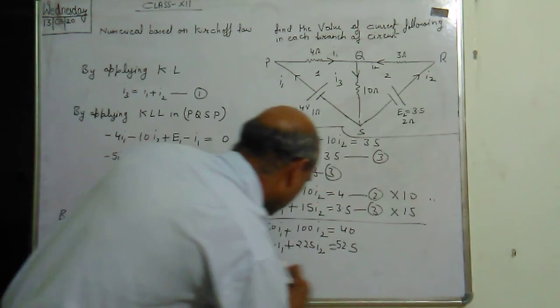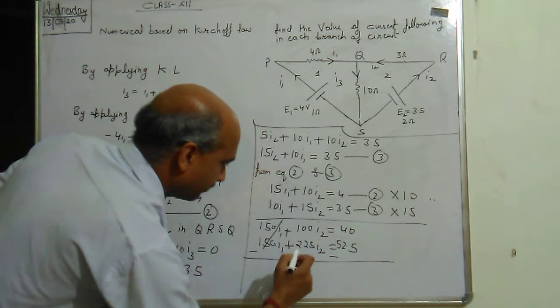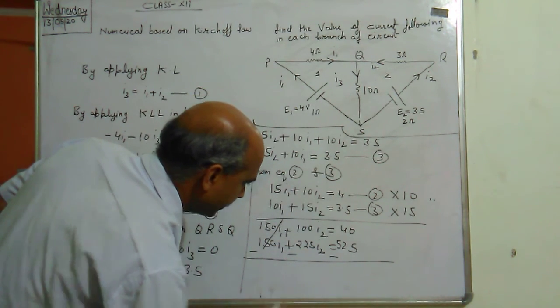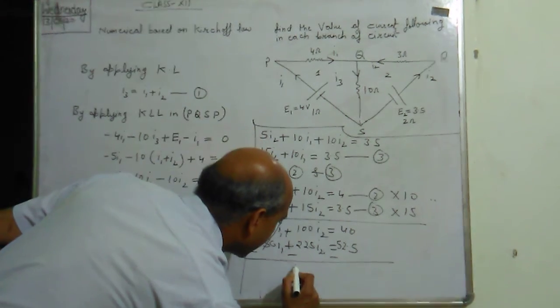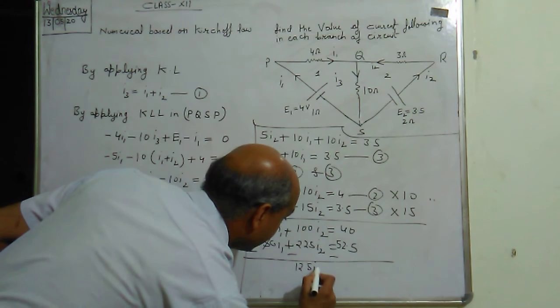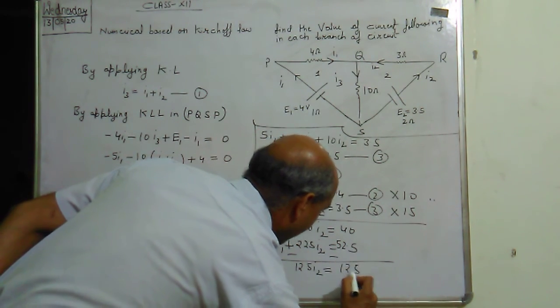So now what we have to do, subtract. Minus minus, and the I1 terms get cancelled. From here we are getting 125 I2, and from here we are getting 12.5.